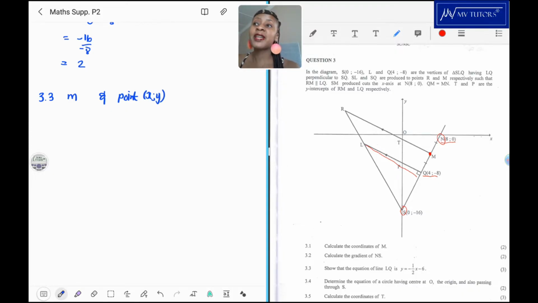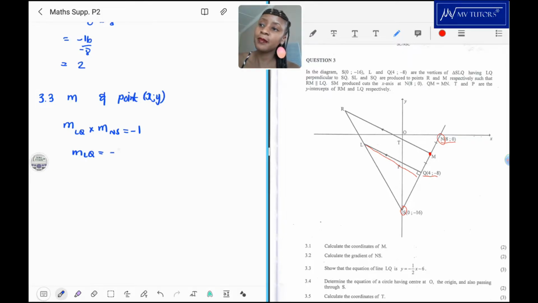So if the gradient was 2 for NS, you know that the gradient of LQ times the gradient of NS should give you negative 1. So if the gradient of NS was 2, then it means the gradient of LQ is negative a half. So we have that. We have a gradient. We're sorted. Now we need a point.